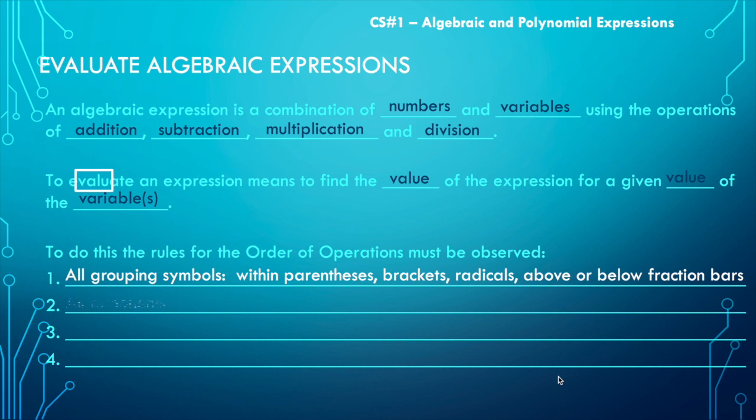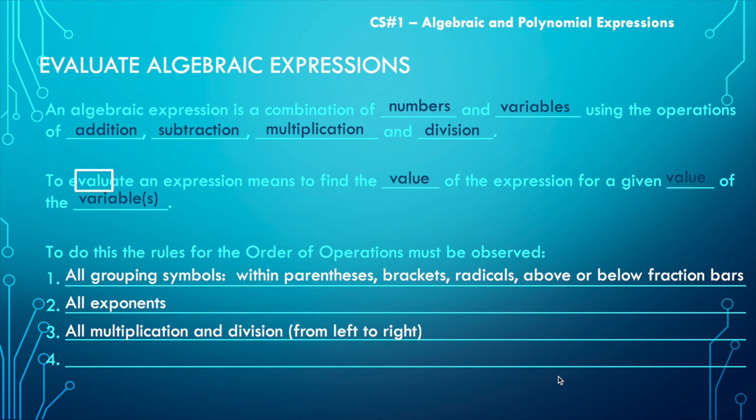Then the next thing you're going to do is apply all exponents. So after you've done the grouping, you're going to apply the exponents. Next, you're going to do all multiplication and division. This is important that you understand multiplication and division is the same level. Okay? It's the same in the hierarchy of order of operations. And in fact, they're pretty much the same operator, right?